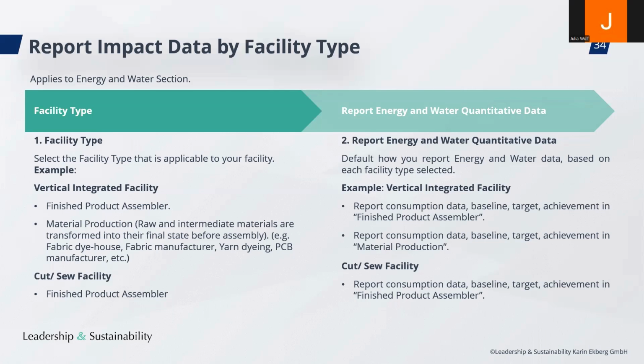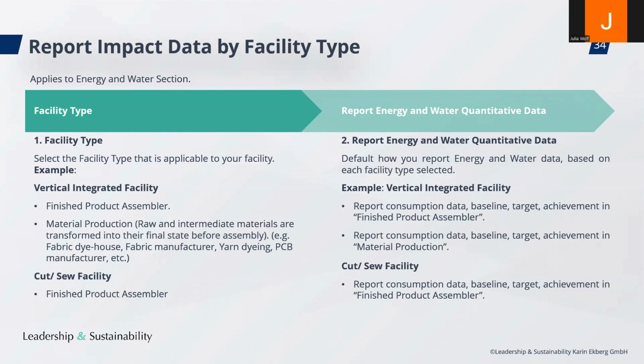In the case if you are only a cut and sew facility, so you only have one facility type, then you will report accordingly. And then, of course, for a cut and sew facility, you are a finished product assembler, so you would report only there. And this makes it a bit complicated. And you may also be aware that there is also the question if you can report separately for your domestic use of energy and water and your production use.